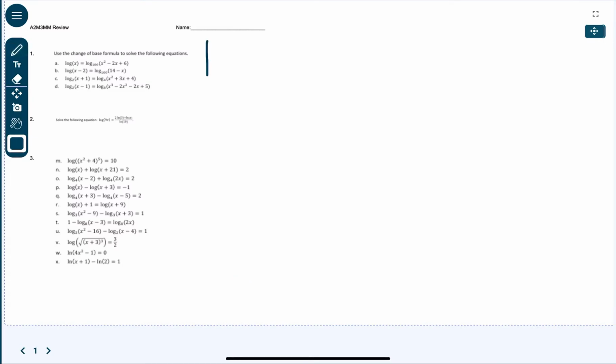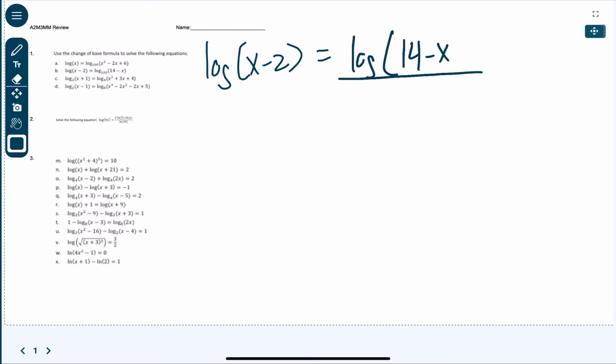So let's just rewrite it. Log of x minus 2 is equal to log of 14 minus x over log of 100. Okay, so we're going to have the same scenario here where this becomes 2.